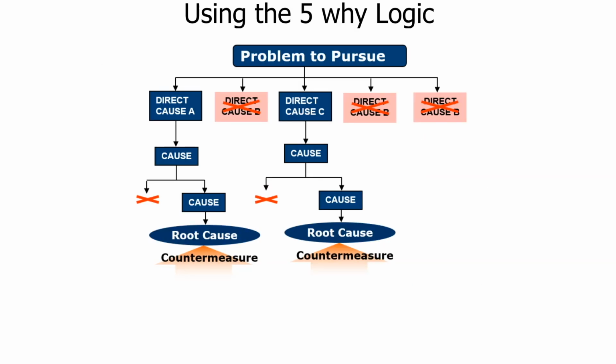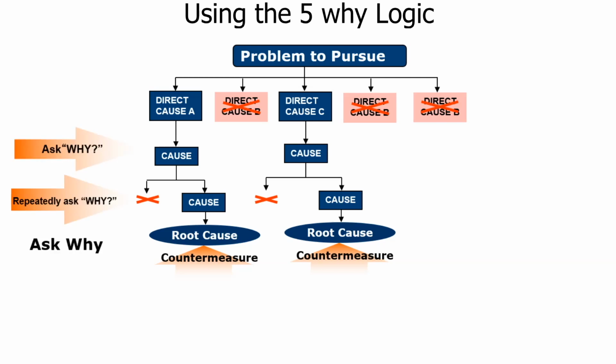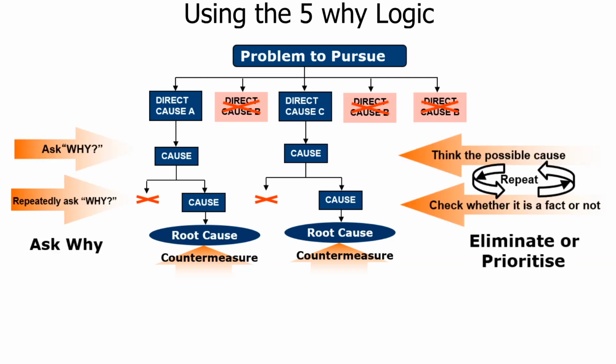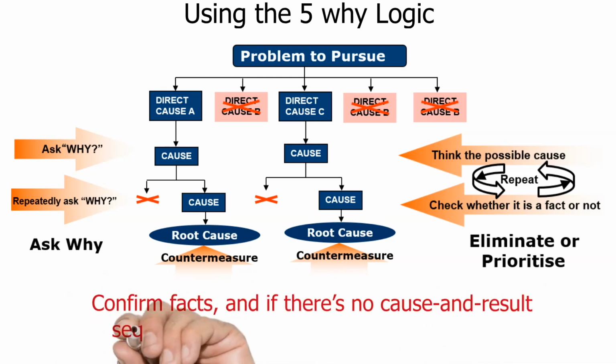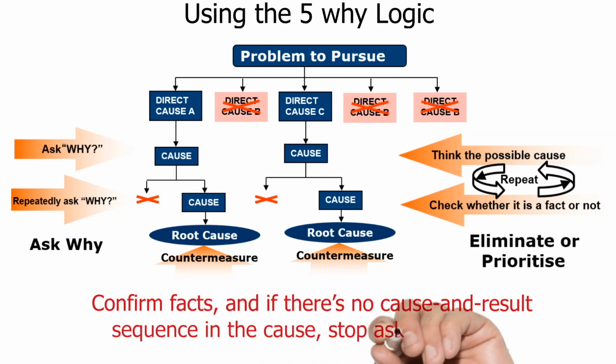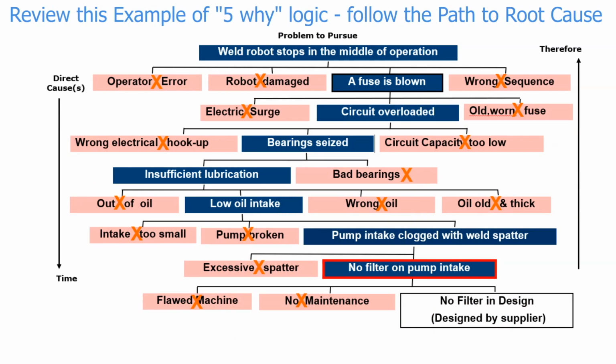Using the 5 why logic. Ask why and then eliminate and prioritise the causes based on facts and data. Confirm facts, and if there's no cause and result sequence in the cause, stop asking why. Review this example of the 5 why logic.